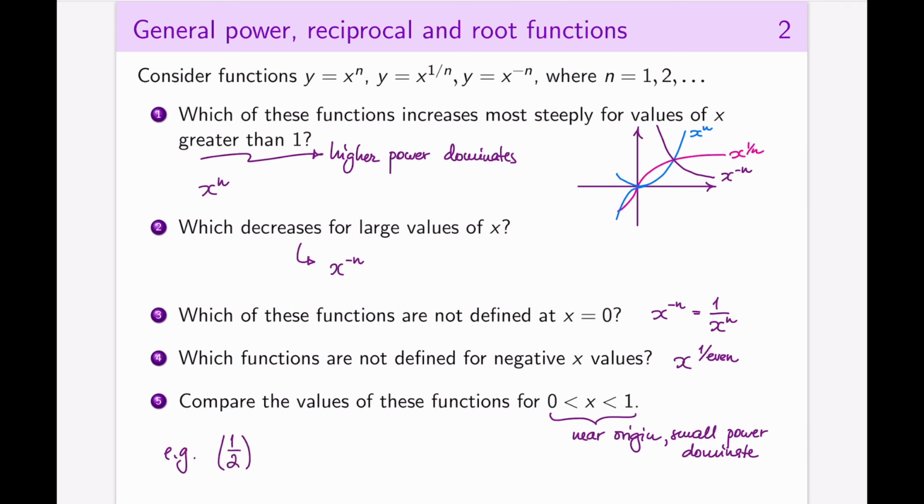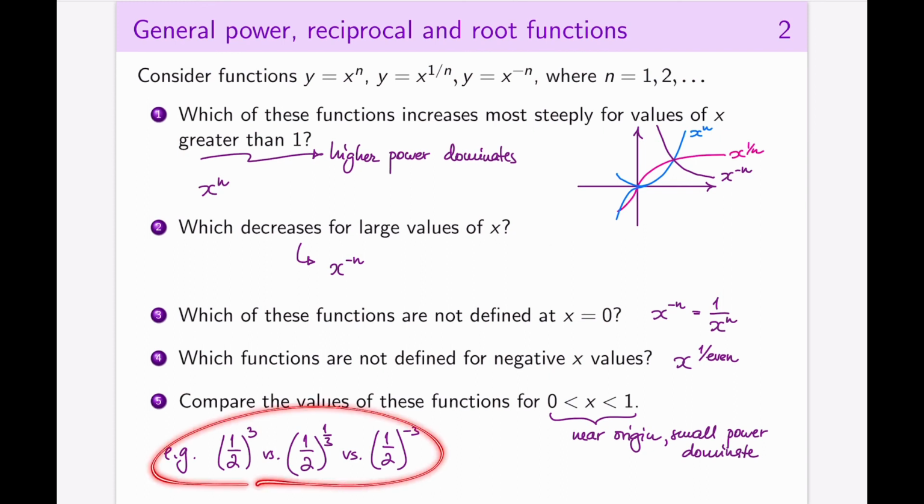So we can plug in and see what happens. 1/2 to power, let's say, 3, 1/2 to power 1 over 3, and 1/2 to power minus 3. And then compare them against each other to see which one will be the largest, which one will be the smallest, to establish another kind of intuition based on numerical evidence.